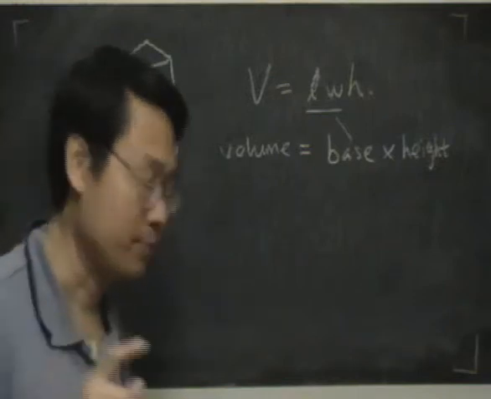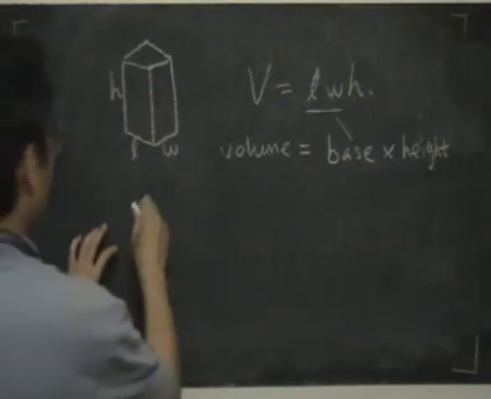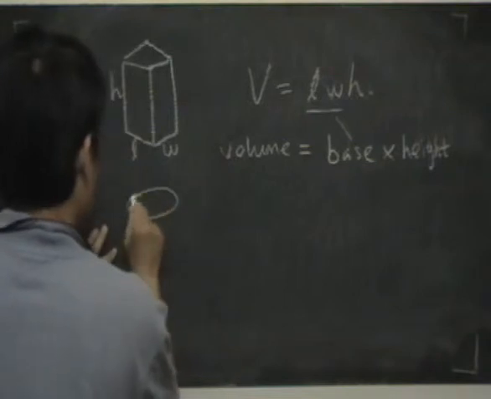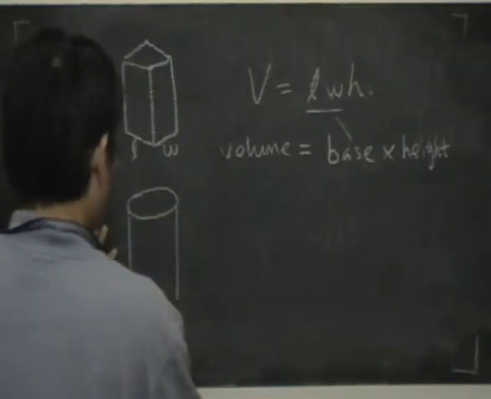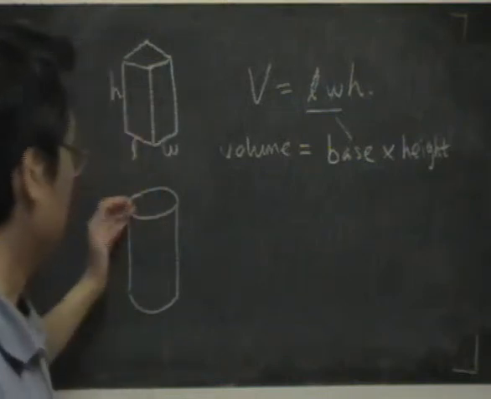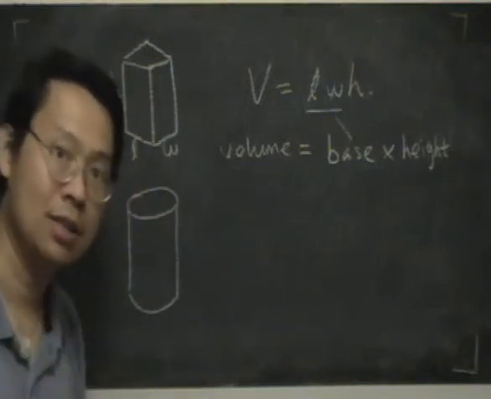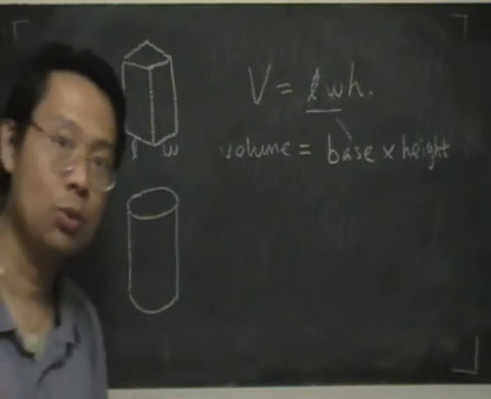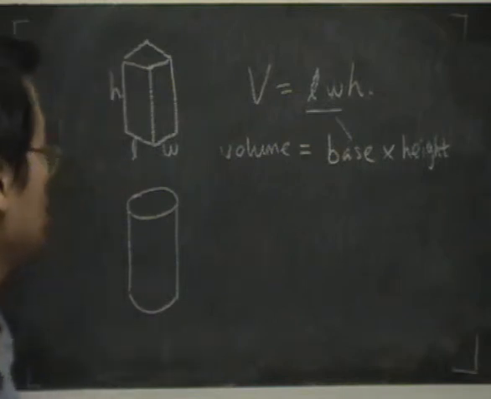For example, what if my base is circular, so that I have a cylinder? How do I find the volume of a cylinder?